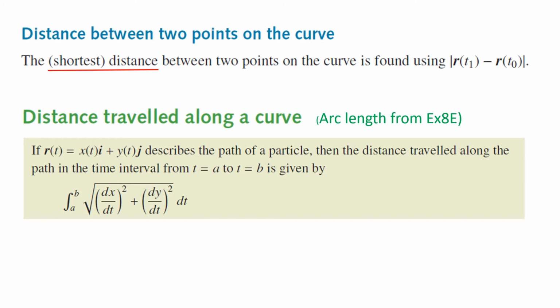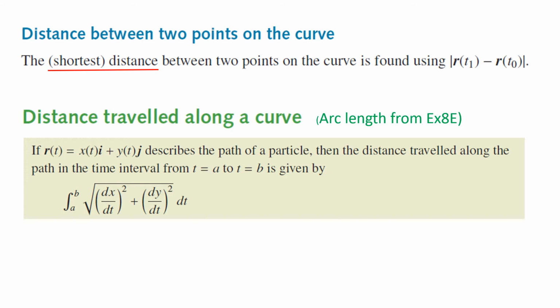So it's obviously its position vector function at the end of the time interval minus its position vector function at the start of that time interval, and we take its magnitude. So that's directly related to the length of the vector from point A at t0 to point B at t1. So it has that direct connection to our understanding of vector and vector length, as the shortest or straight line distance between 2 points on the curve.